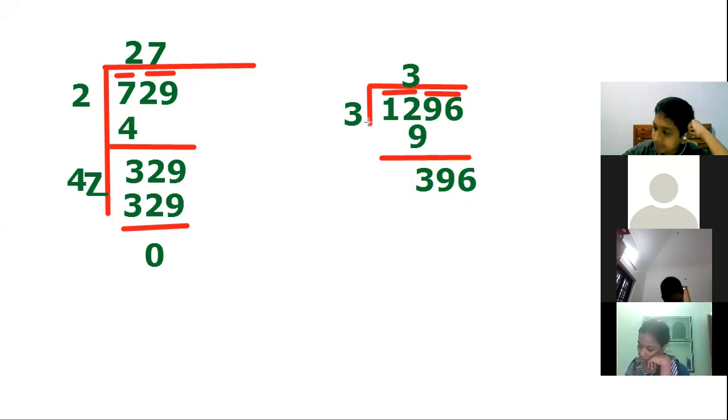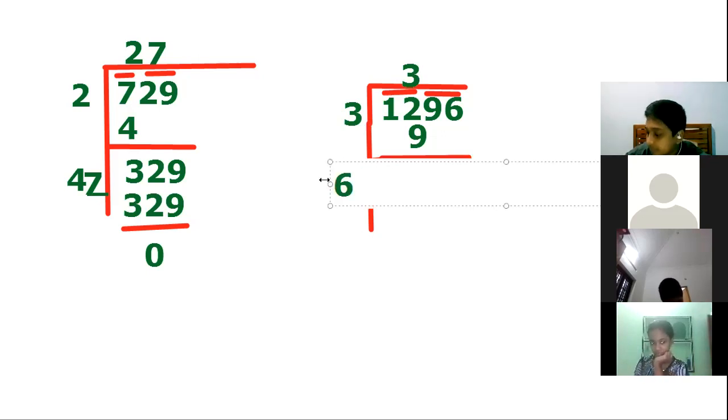Then what do we have to do in the next step? 3 into 3, 6 and blank. We just double the number 3 here. Then it becomes 6, and we just have to place a blank after the 6. And we just have to guess the number in the blank space.